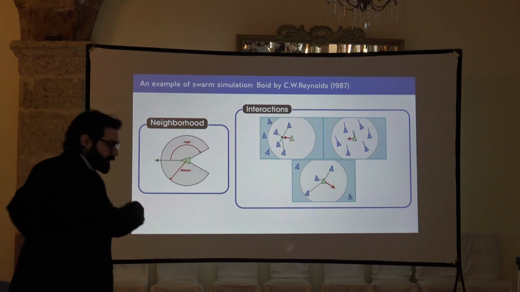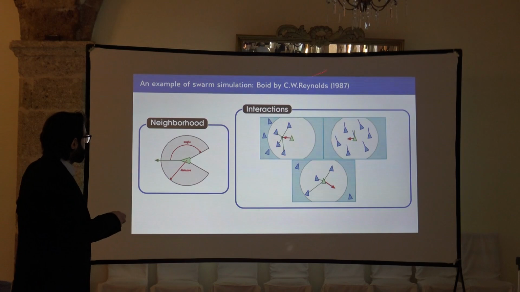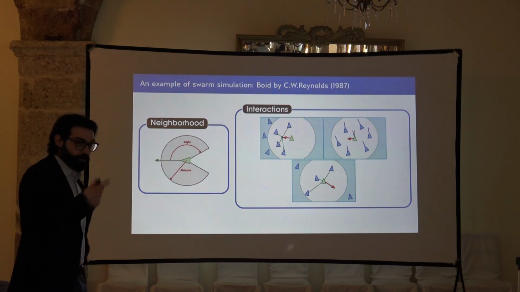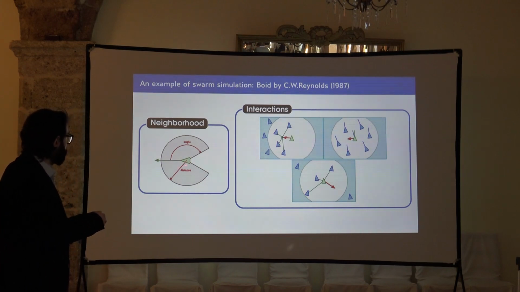An example, very quick. In the 80s, Reynolds simulated a swarm of birds in this way. The elements of the swarm are these objects, these triangles, characterized by direction.